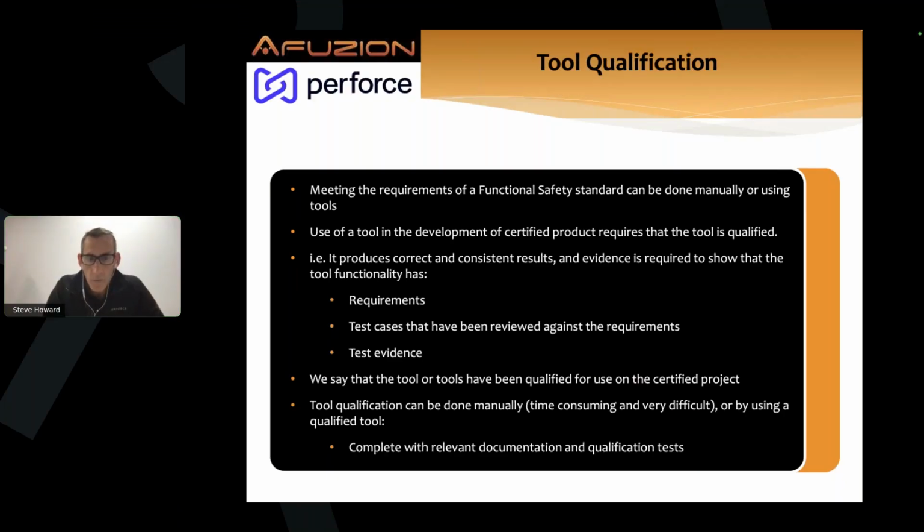So we said the tool or tools have been qualified for use on the project. Tool qualification can be done manually, although that's very time consuming and quite difficult, or by using a kind of pre-qualified tool, if you will, one that can be qualified easily with the relevant documentation and test cases that we can run on our own system. So a qualifiable tool or qualified tool is quite important.